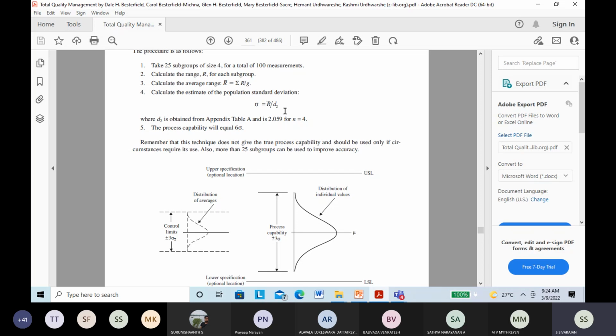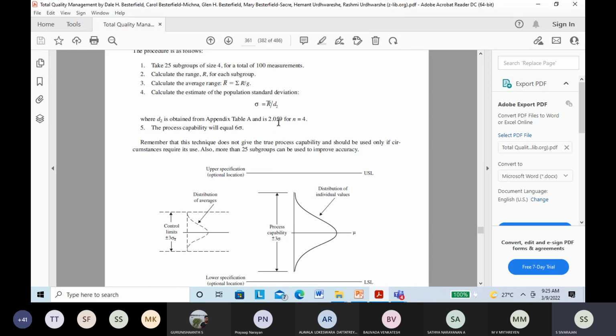So R bar divided by d2, which is a constant given in an appendix table. For small n equal to 4, it is 2.059. It is going to be a closed book examination, I think. I don't know. CAT 2 is going to be an offline examination. If they are allowing material, if it is open book, you need to bring this table.